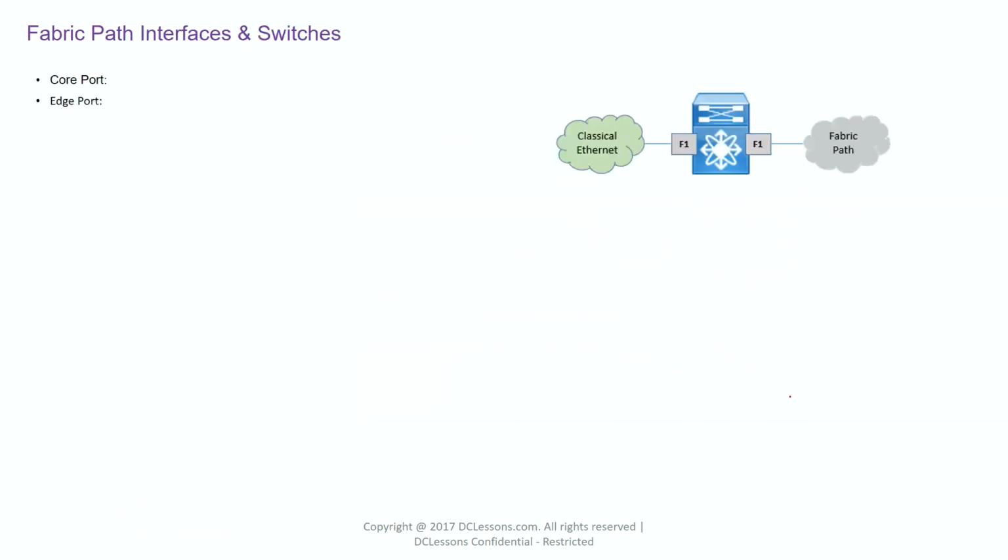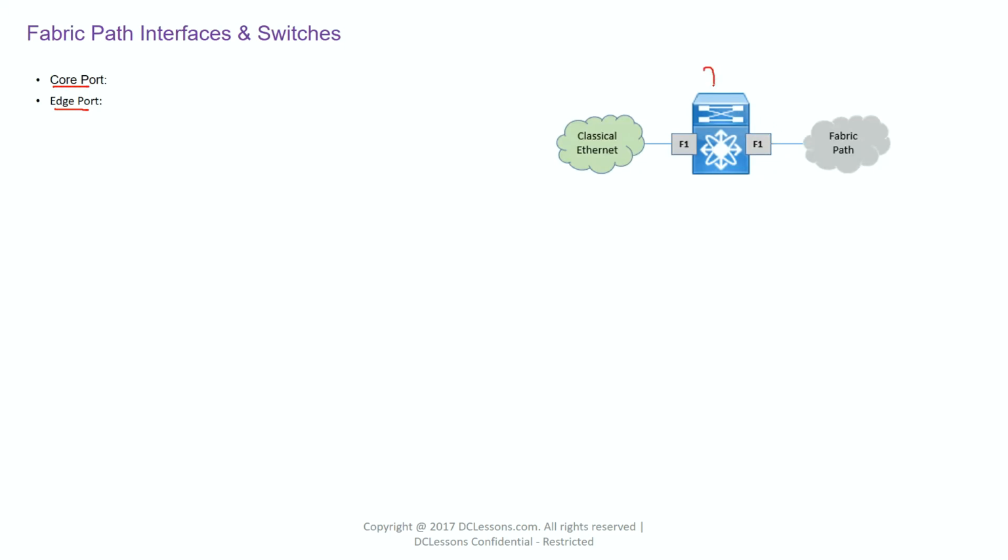Okay. Now let's understand what are the fabric path interfaces and fabric path switches. So there are two types of ports, core port and edge port, right? So what is a core port? Those interfaces which are part of the fabric path domain are called core ports.